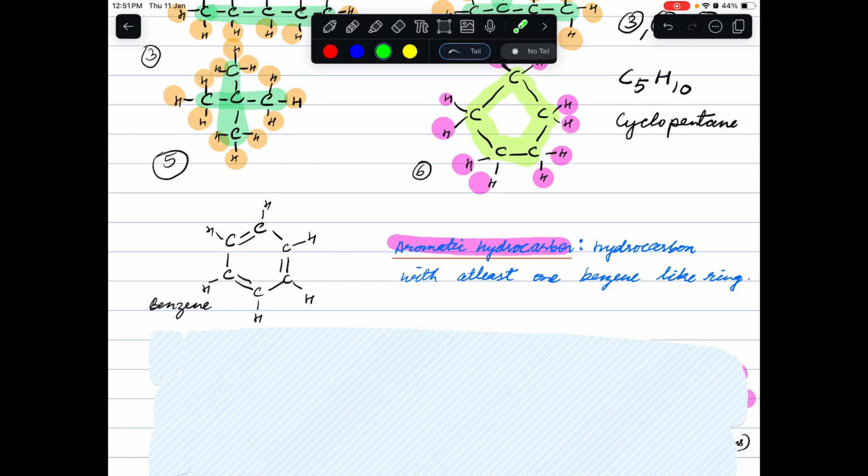In benzene, 6 carbons are arranged in the form of a hexagon, placed at the 6 vertices of a hexagon. Each carbon is connected to one hydrogen, and the carbon-carbon bonds are alternately double and single. If any hydrocarbon has such a structure, it is called an aromatic hydrocarbon.